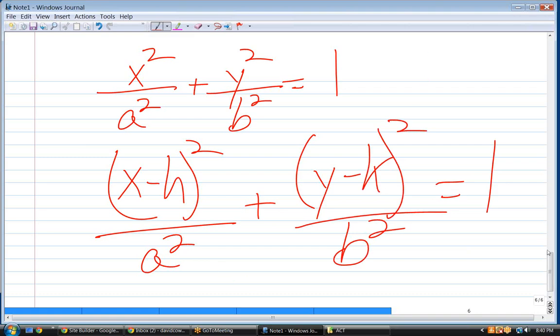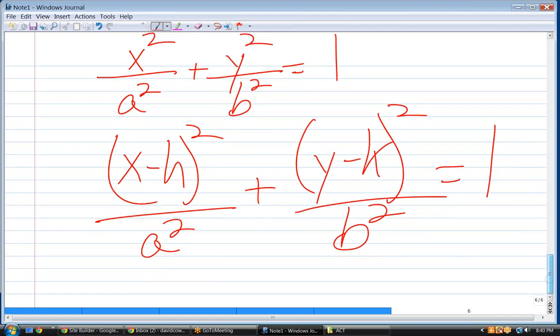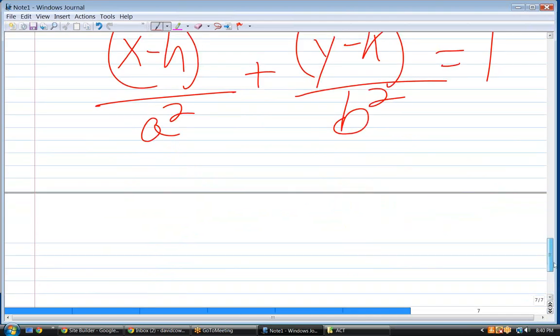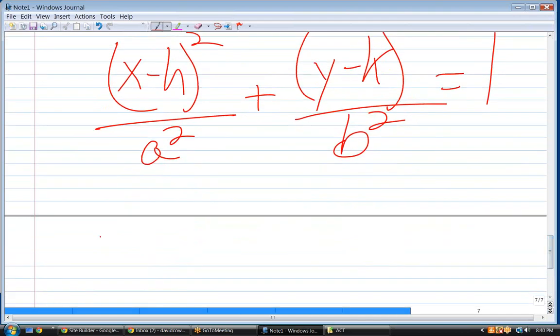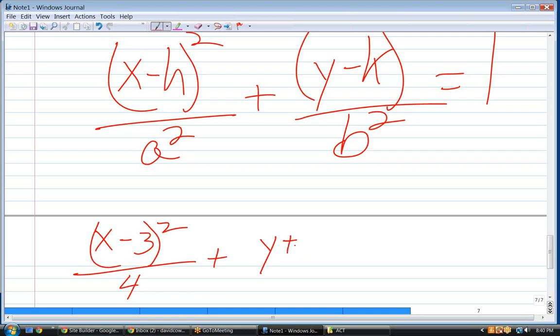So, if I had the following equation, x minus 3 squared over 4 plus y plus 1 squared over 9.